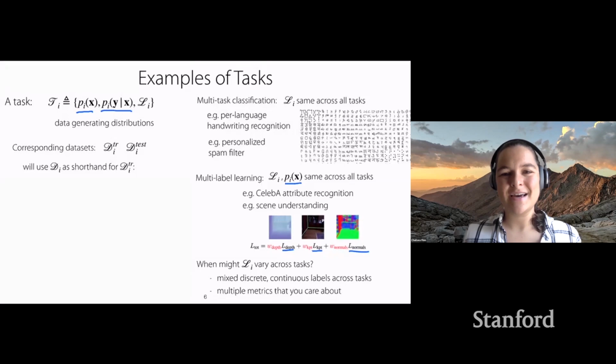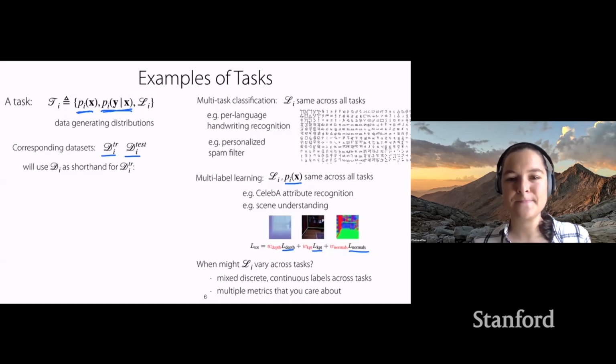It's kind of the manifold of those images, and P of Y given X is the underlying function giving a label for a certain input. Typically in practice, you don't actually have to deal with these generating distributions; you only deal with the data sets themselves. It's useful to think about the generating distributions though, because we assume that the train set and the test set are both drawn IID from those data generating distributions. Okay, that makes sense. Thank you so much.